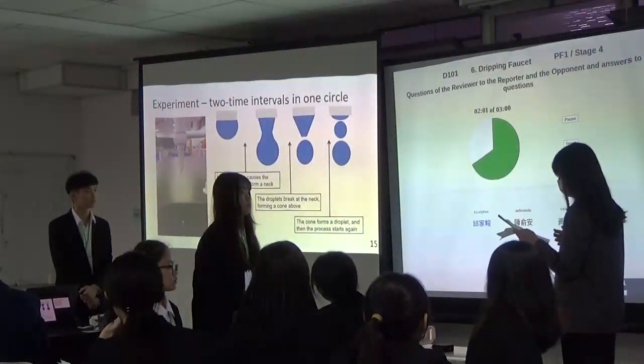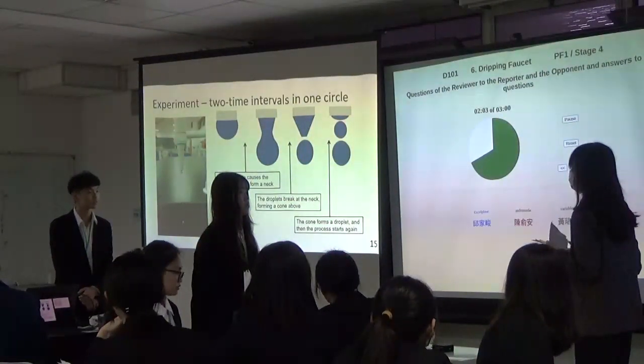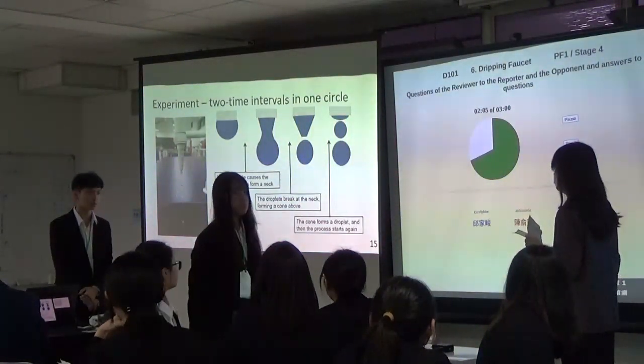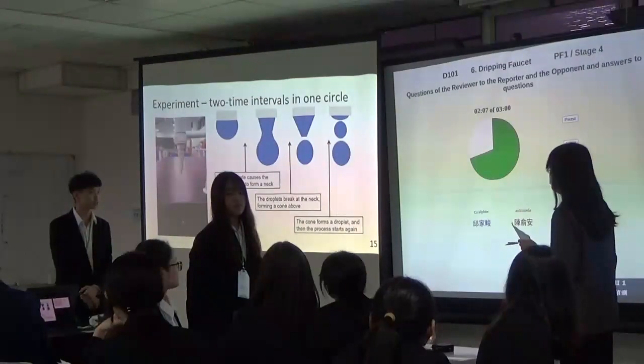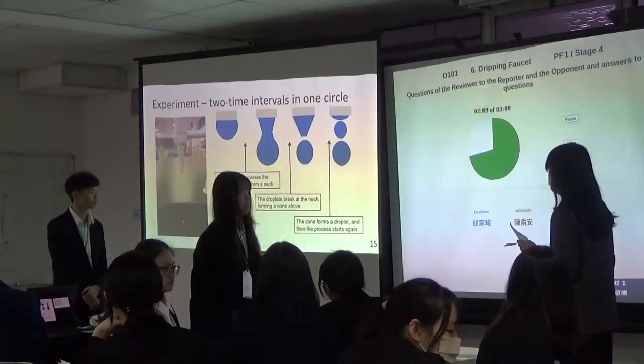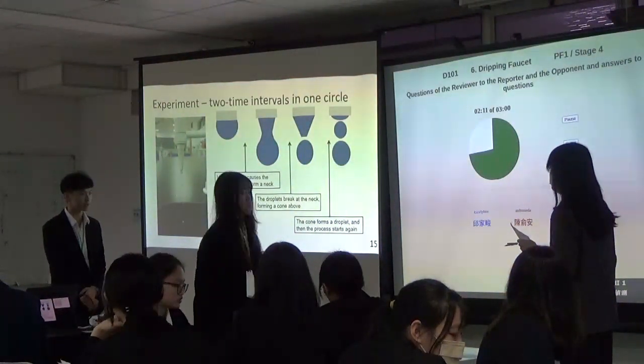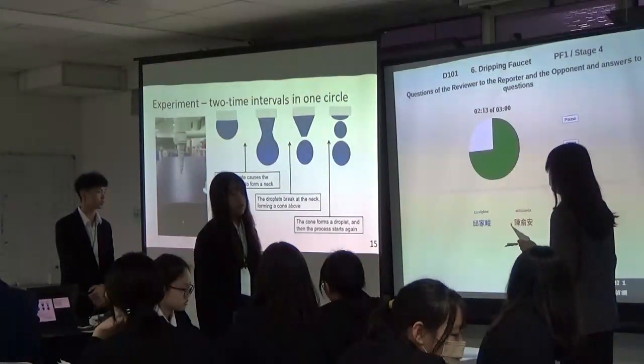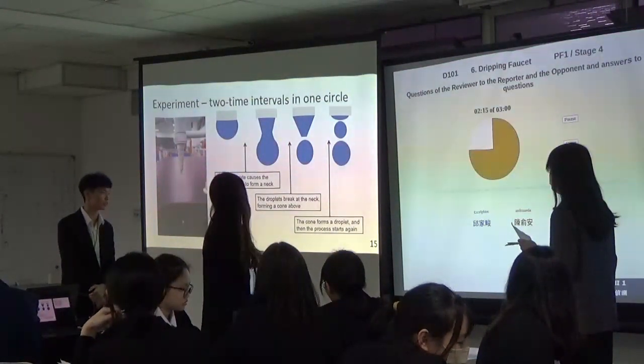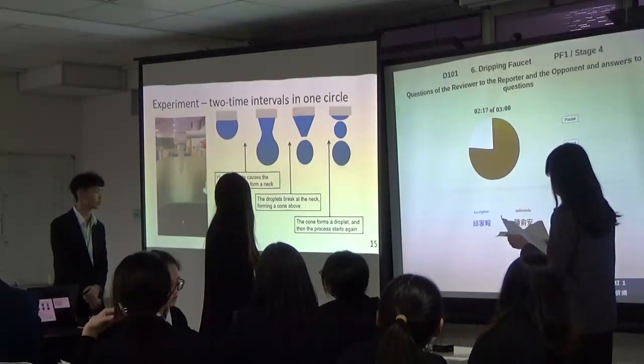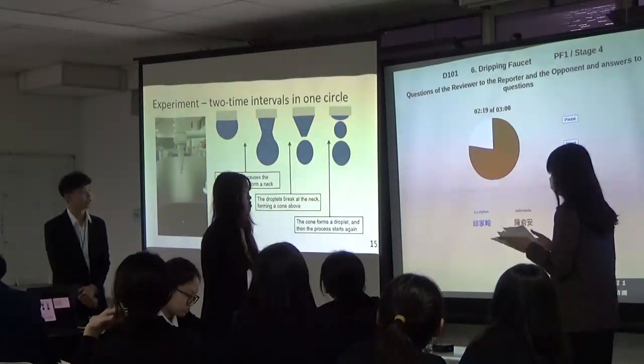And the next question is, do you control the water pressure? No, because the water pressure will influence the flow rate. So we measure the flow rate, then we don't have to control the water pressure. Okay.